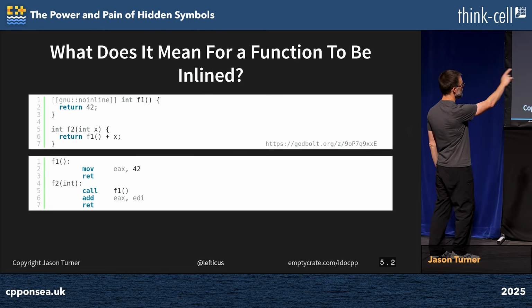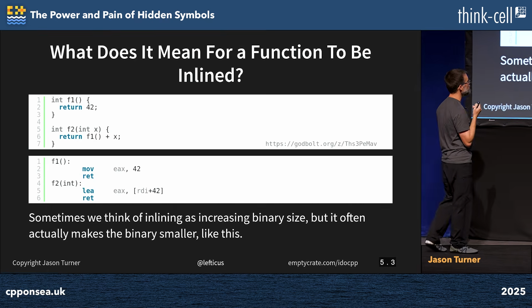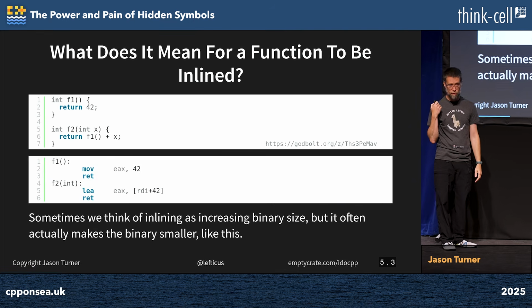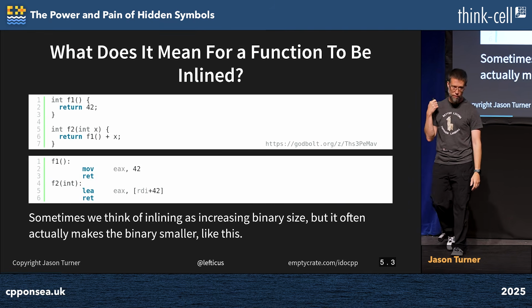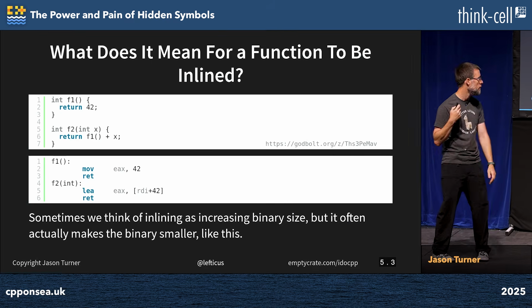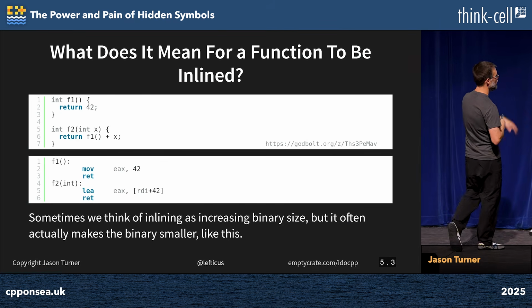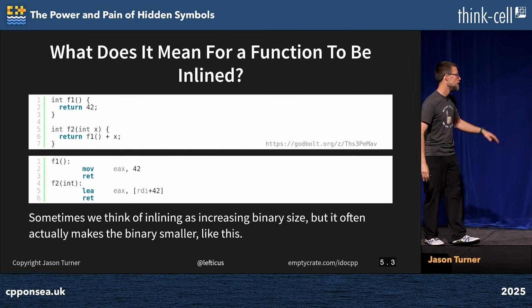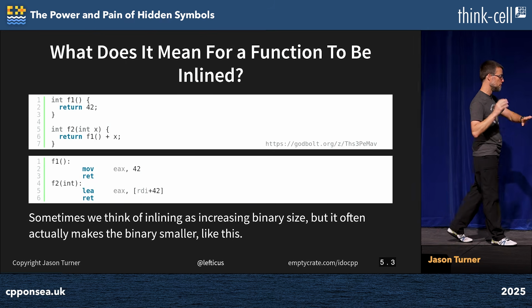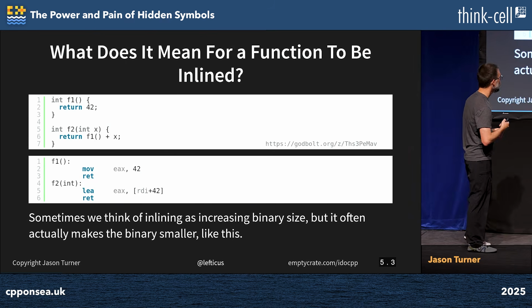But even in this most trivial case, this actually made the binary smaller, even though I still had both functions implemented here. So we sometimes think of inlining as increasing our binary size. That's often not always the case. It often actually makes the binary smaller.